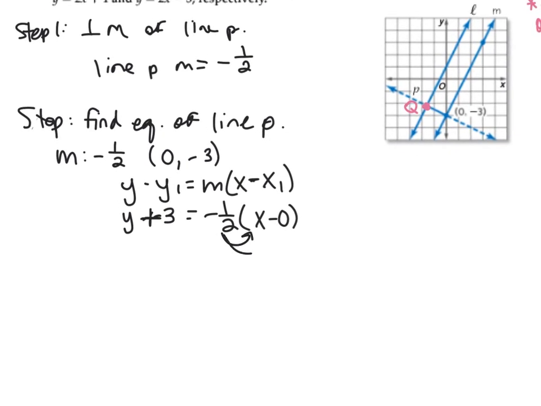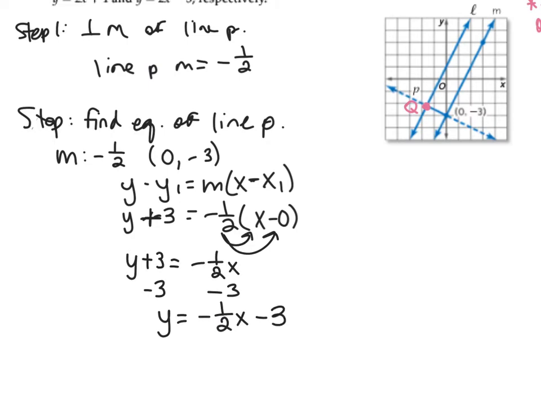After we distribute to simplify, we get y plus 3 equals -1/2 x. Okay, that 0 is just going to cancel out. Last step, get it in slope-intercept form. We are left with y equals -1/2 x minus 3. Okay, so our equation for line P is y = -1/2 x - 3.